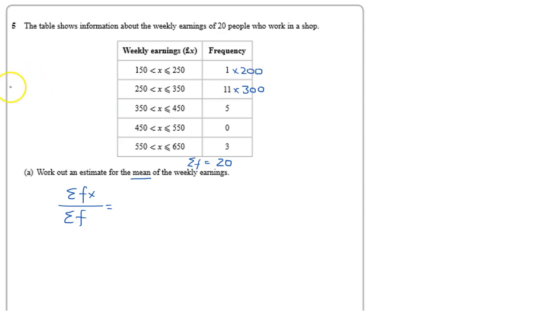You can see that this is 250, then this is 350. So what is the number in between? That is 300. That's how we are calculating. 350 and 450 is 400. 450 and 550 is 500. 550 and 650 is 600.